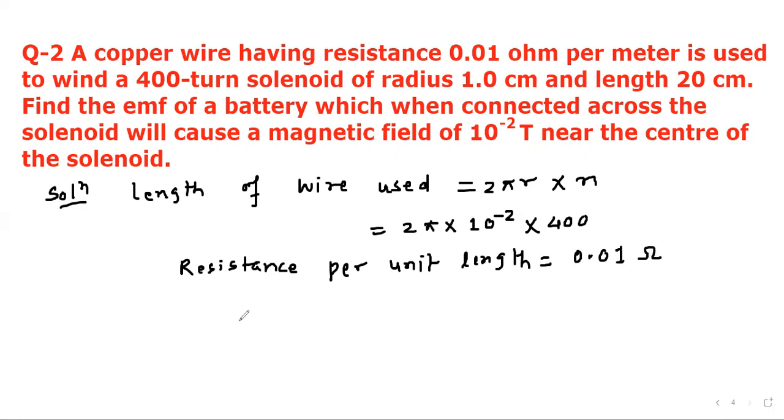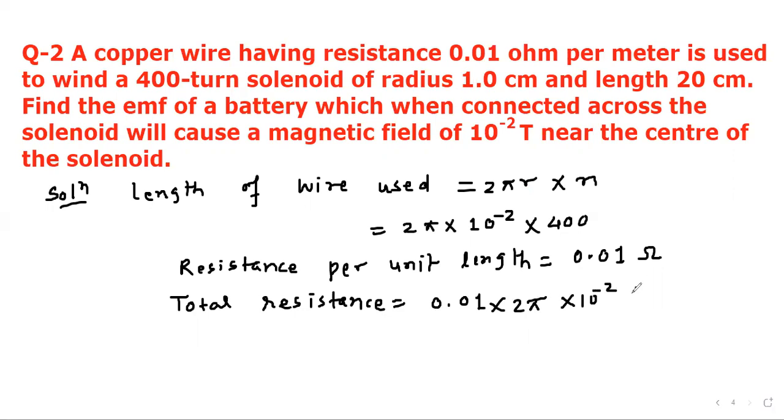So total resistance equals length times resistance per unit length. So 0.01 into 2 pi into 10 to the power minus 2 into 400. So this will be equal to 8 pi into 10 to the power minus 2 ohm.